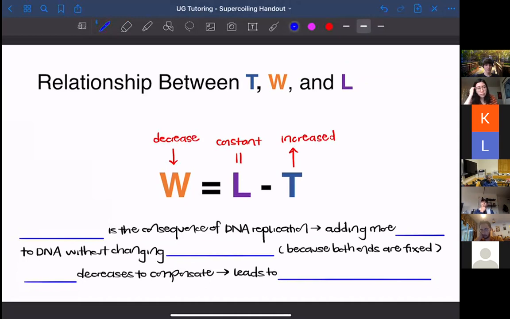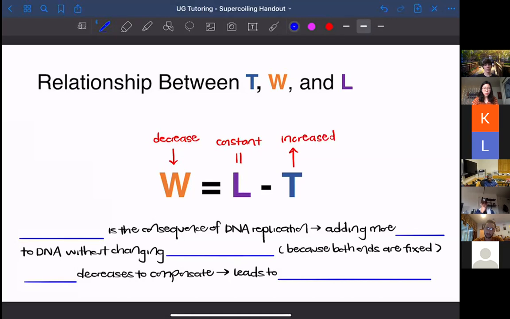When you're replicating DNA, you're adding more twists to the DNA helix. And because of the way the DNA is held, one end is fixed by the polymerase. And because it's so long, it's technically considered fixed on both ends. The linking number has to stay constant. And the only way that's possible is if writhe decreases. And when writhe decreases, that leads to the negative supercoiling of the DNA.